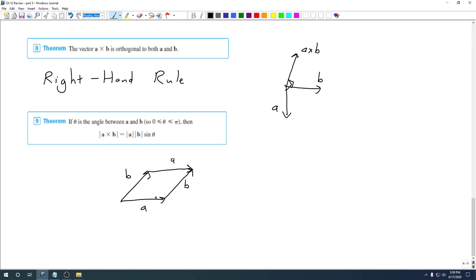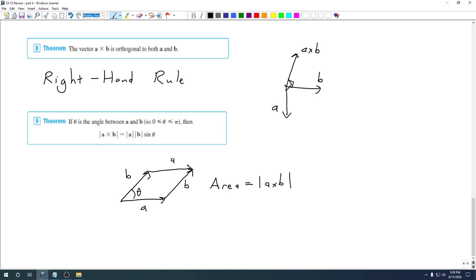The area of this parallelogram is actually the product of the two sides times the sine of the angle between them. So in fact, the magnitude of the cross product is exactly the area of this parallelogram. So you can say area equals the magnitude of the cross product.